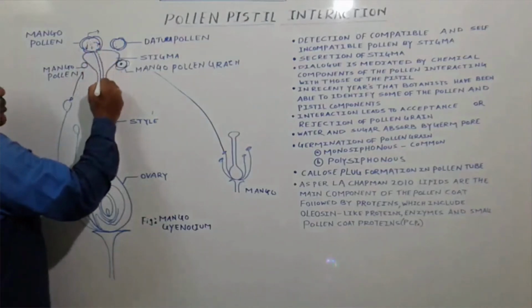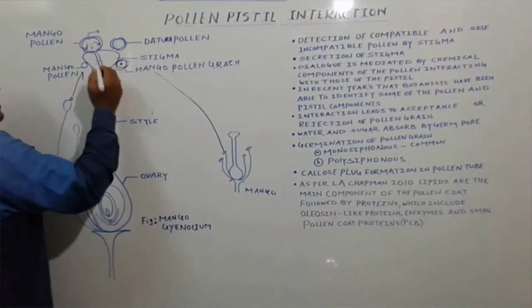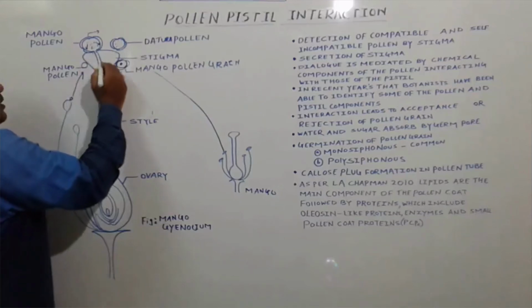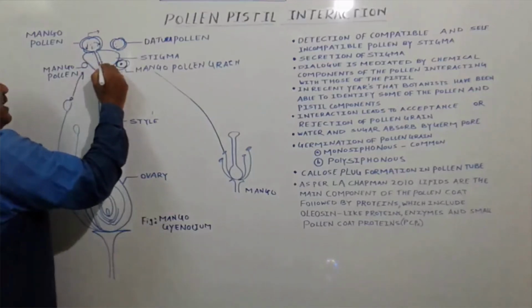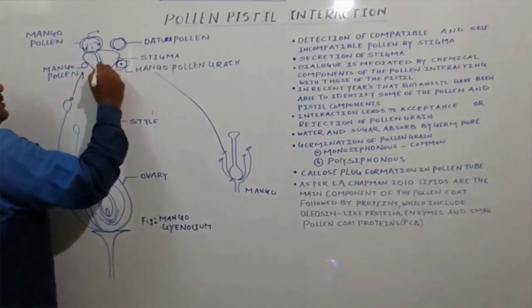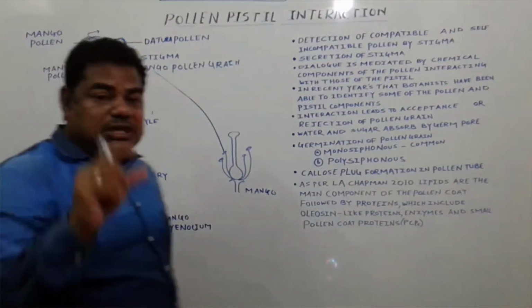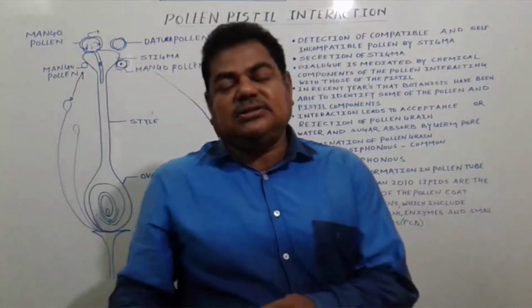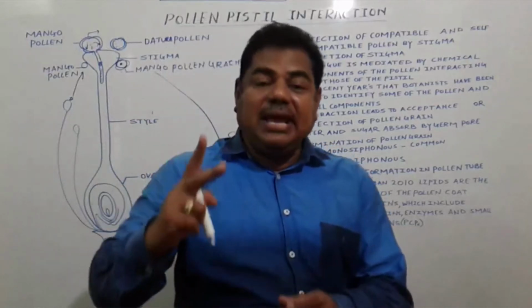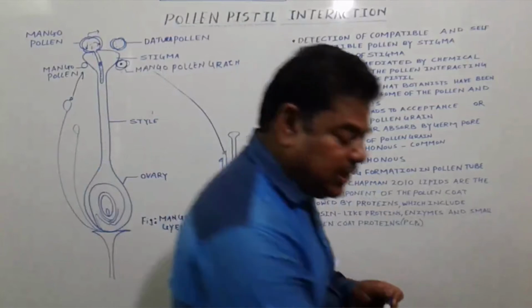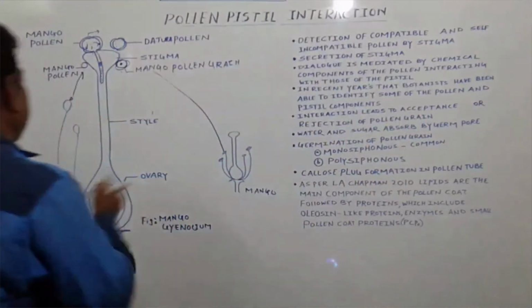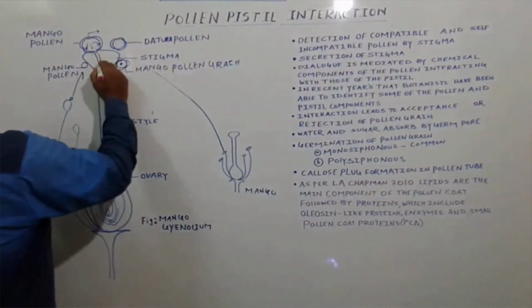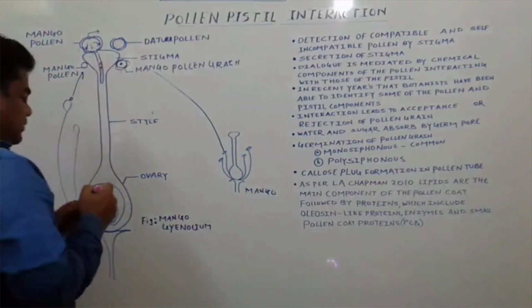And one important cell, which we call the generative cell, also comes into the pollen tube. Now the generative cell divides, in some species, into two male gametes, and like this, two male gamete formation takes place in the pollen tube.